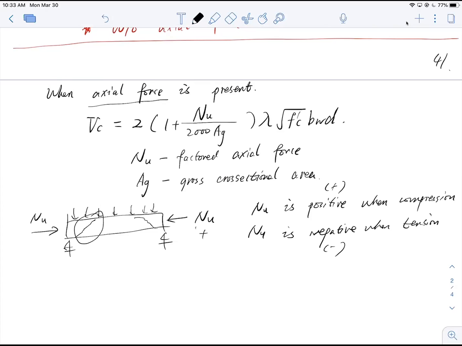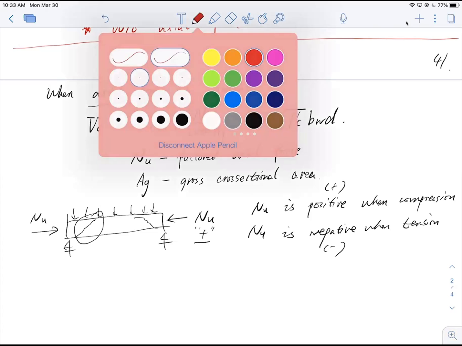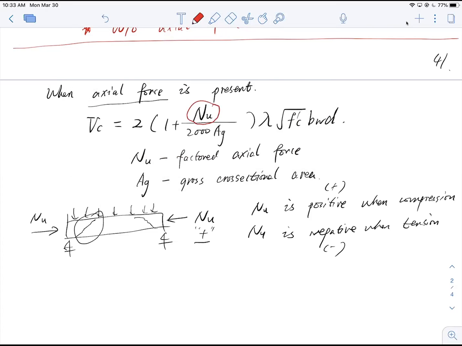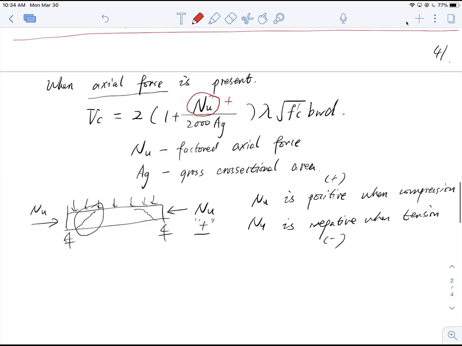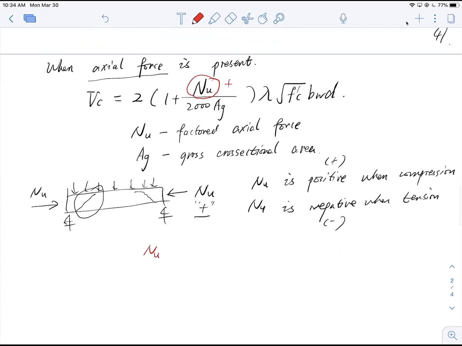And what does it mean? It means that in my equation here, I'm just going to use red, if I have positive Nu, which means compression, I will increase my shear. So if Nu is positive, when it increases, my shear resistance of the concrete increases.